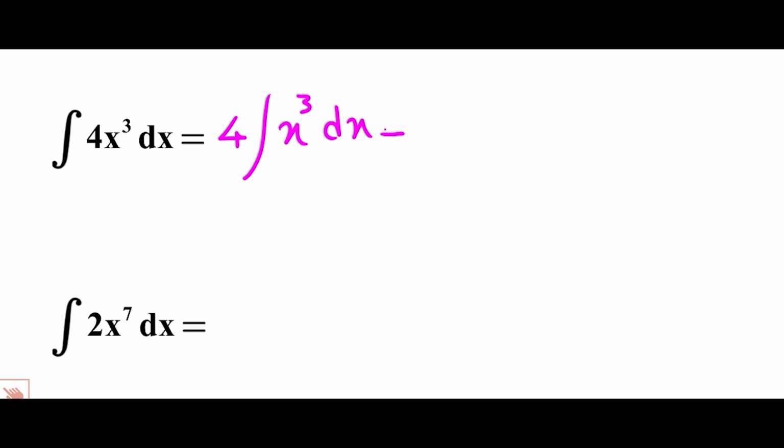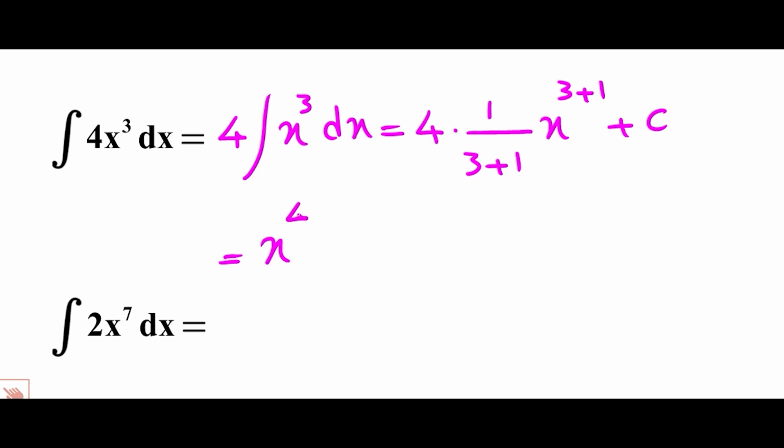So we have 4 times the integral of x cubed dx equals 1 over 3 plus 1 x to the 3 plus 1 plus c. So we have 4 times 1 over 4 equals 1. So x to the power of 4 plus c.